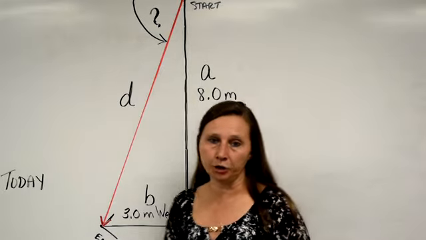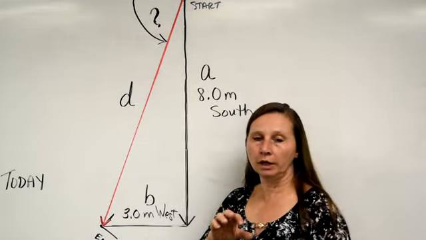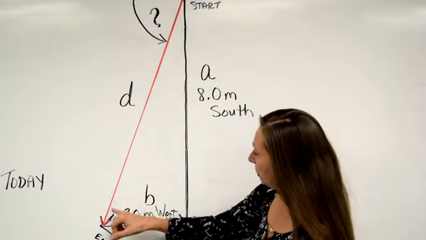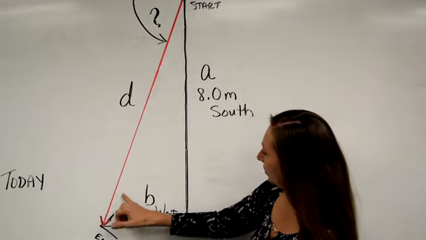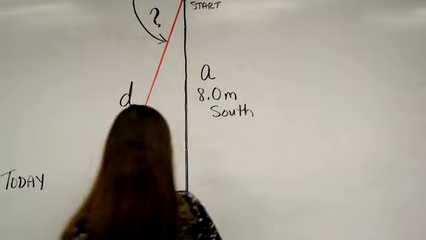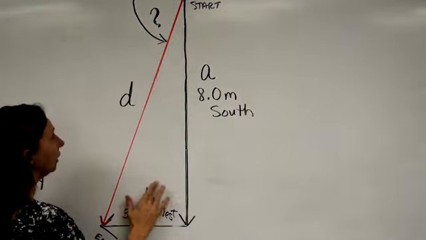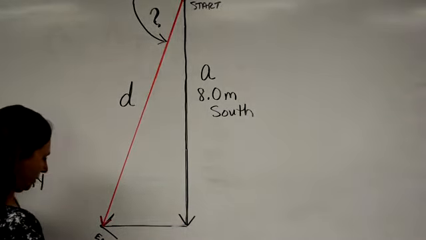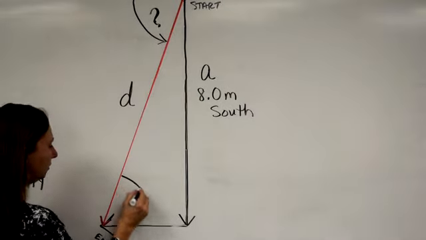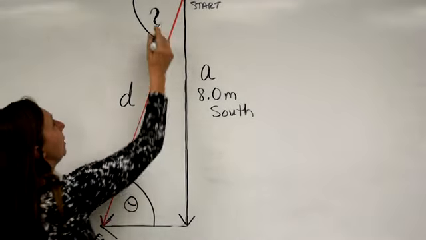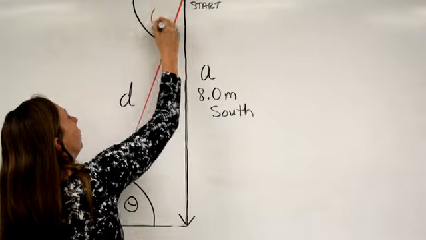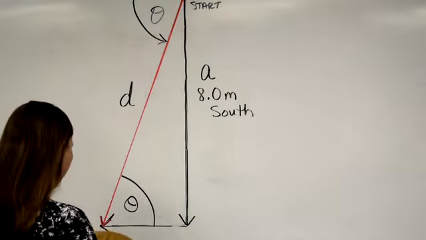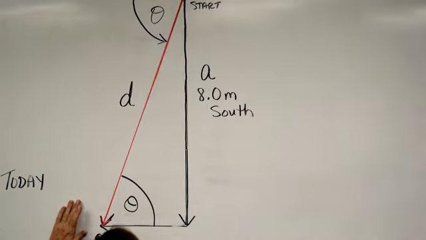So let's figure that out. Now, you can measure with your little plastic protractor, if you have one, this angle down here, because this angle right here would be the same as that angle there. This angle here is the same as this angle up here, the one we're looking for. So you could measure this one.